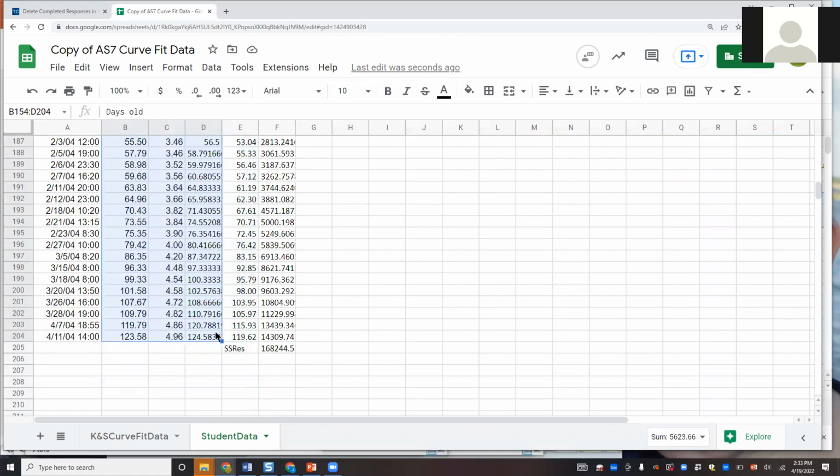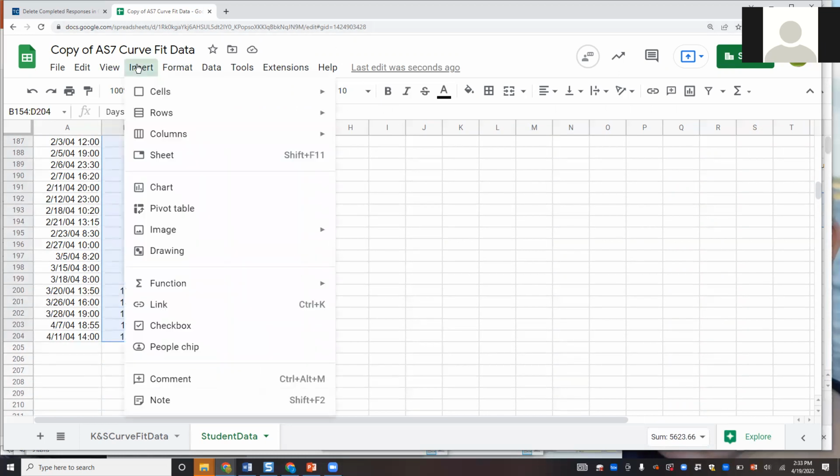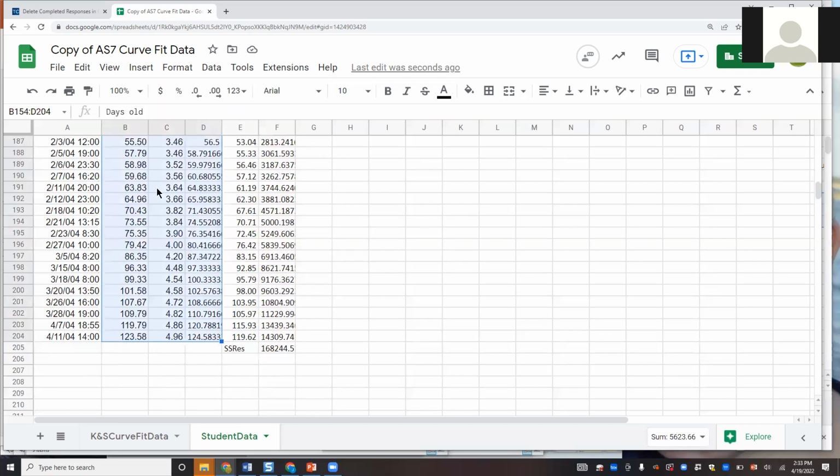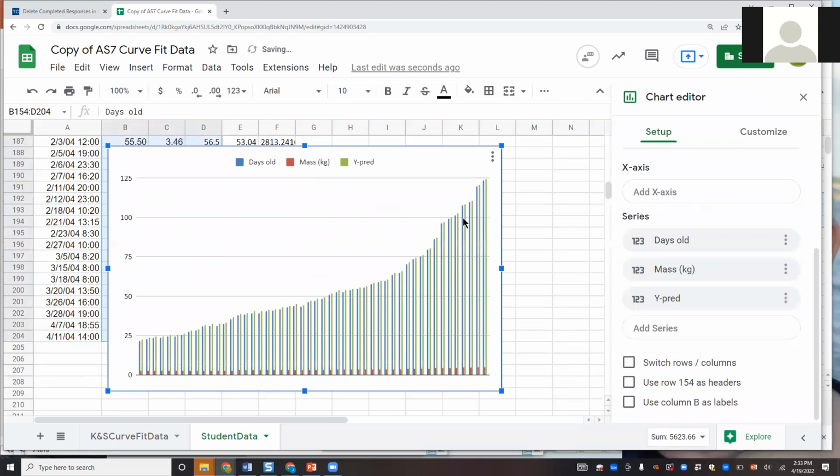This is our fit again with funky parameter values, but we're going to insert a chart, and once again we're not going to choose the default one. We're going to choose scatter. Why am I not seeing scatter here?